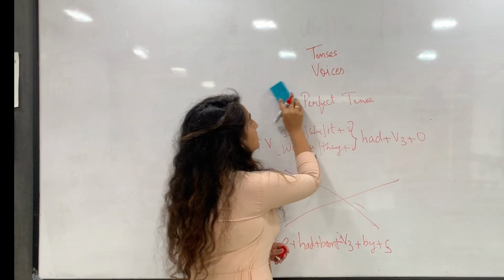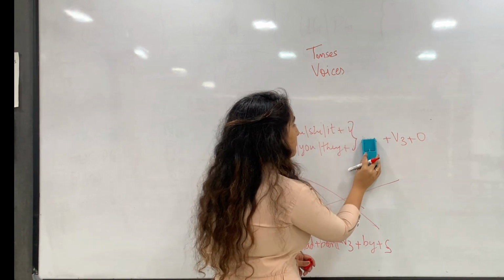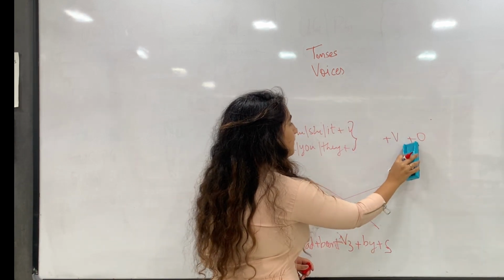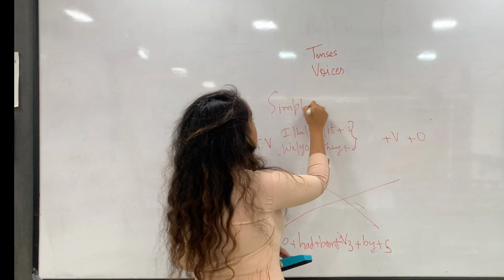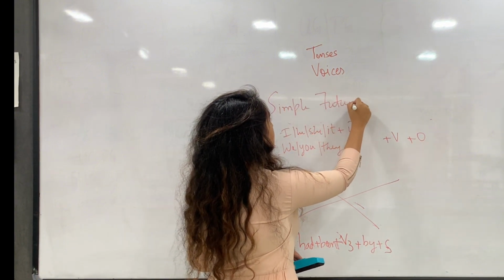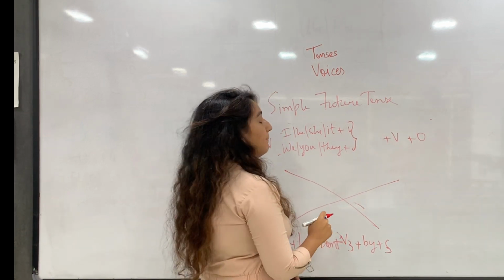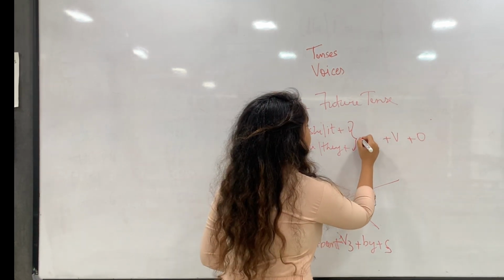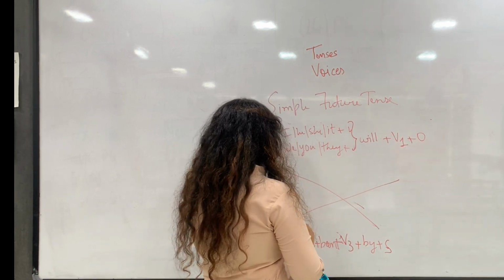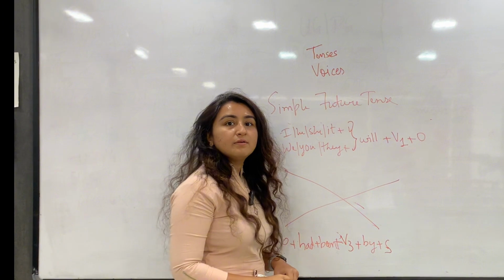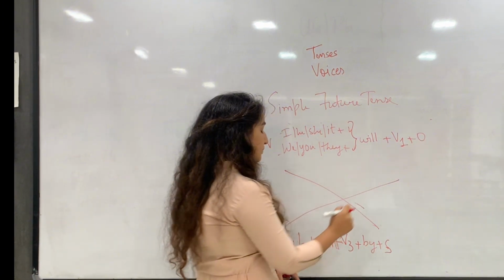Coming to last tense, that is simple future tense. Simple future tense, will plus V1. For simple future tense, you use will plus V1 plus object.